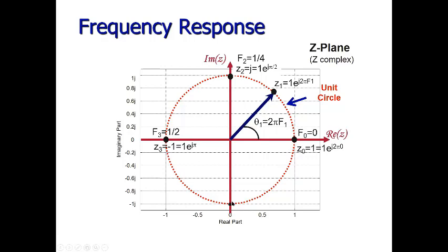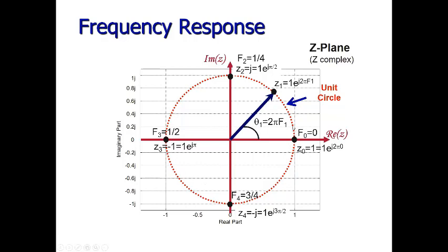And down here at minus j, we're at f equals either plus 3/4 or minus 1/4 if you're coming back the other way. So we can relate locations on the unit circle, their angular position, with frequency, and find out what z value is given by that frequency.